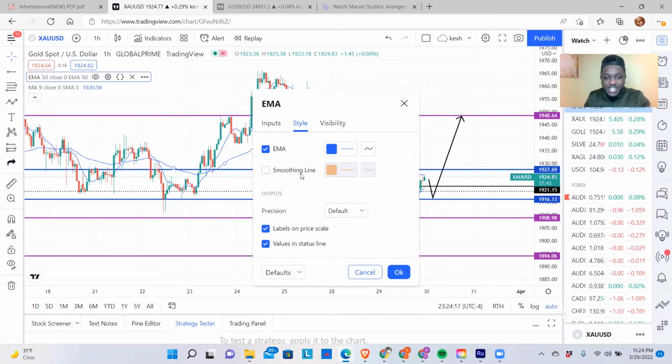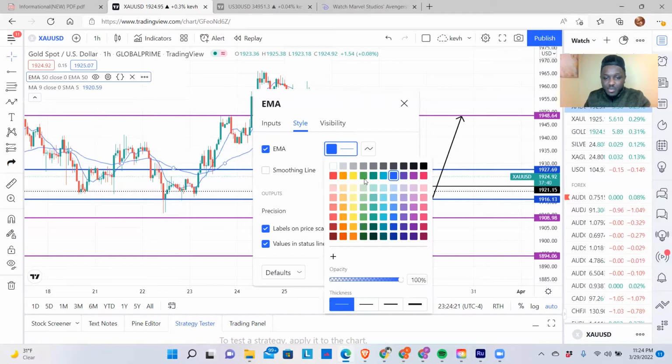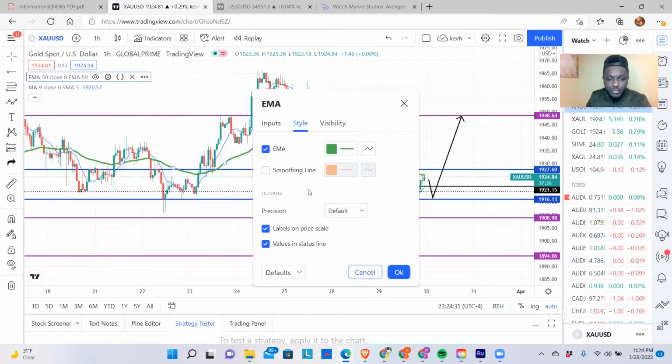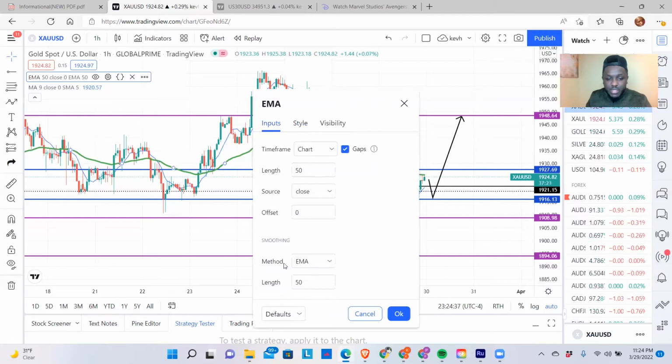We do not need the smoothing line. I'll just stick with what we got here. So our 50 is going to be our green line. You could make it whatever colors you want. It's basically what works for you. Okay. So time frame, blah blah blah. There we go. Okay. I think we have it.